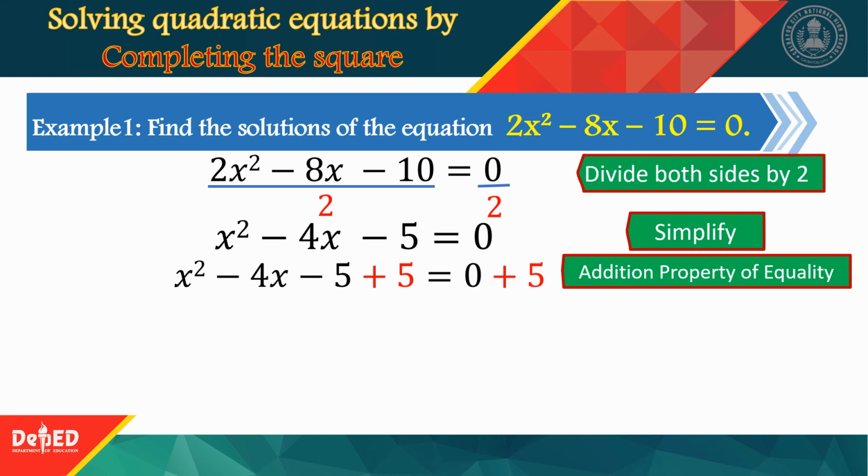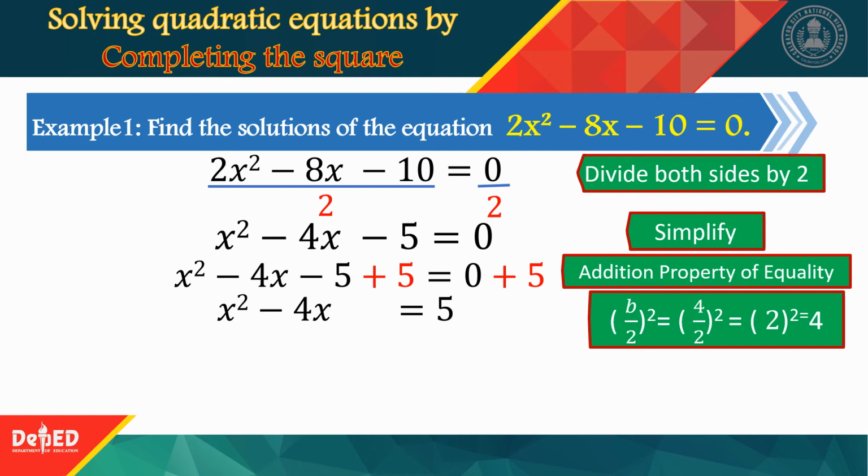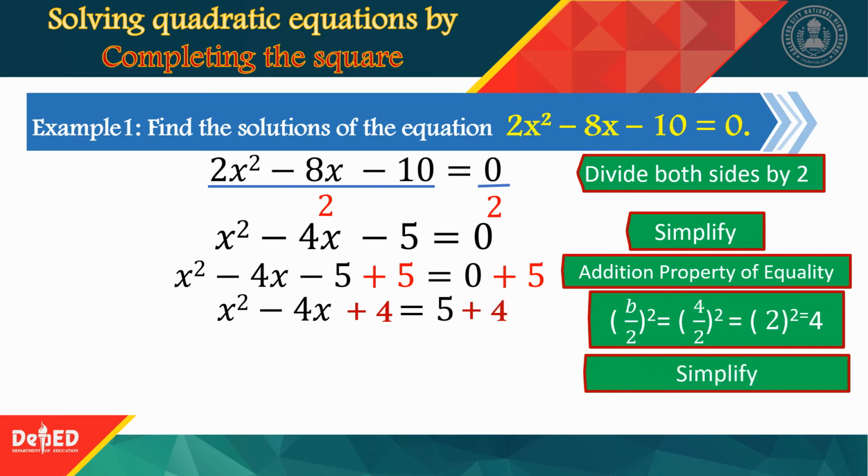So x squared minus 4x minus 5 plus 5 is equal to 0 plus 5. The resulting equation is x squared minus 4x is equal to 5. Then add 4 to both sides and simplify. The resulting equation is x squared minus 4x plus 4 is equal to 9.